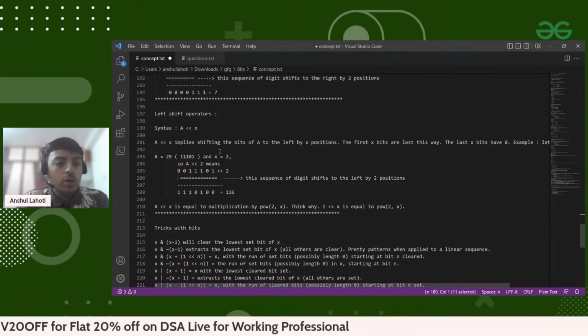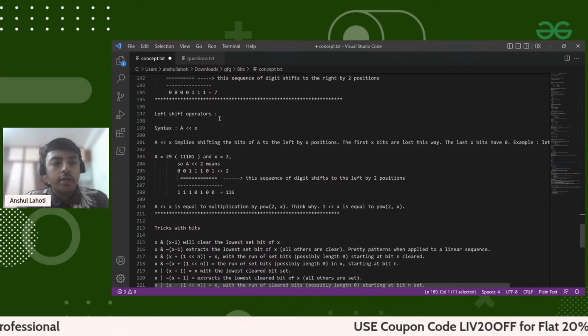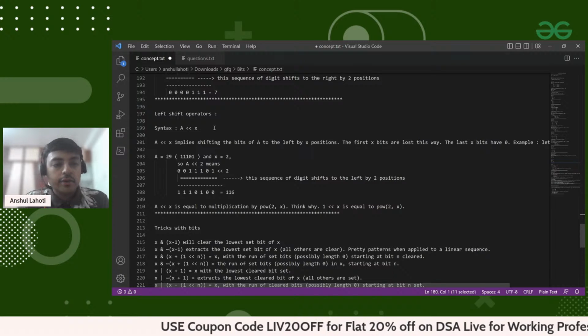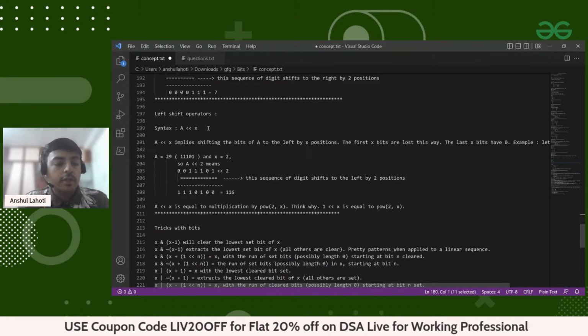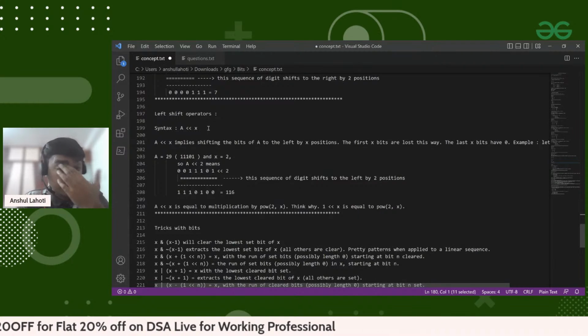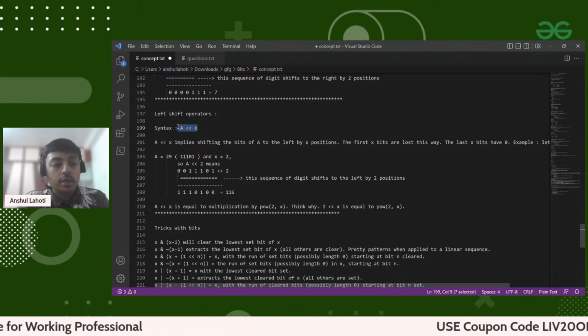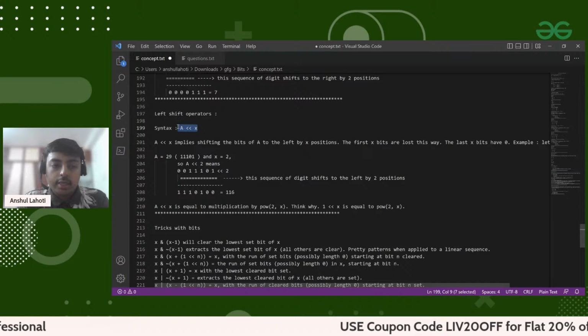Let's see what the left shift operator is. It is similar to how the right shift operator works. Just here we will shift the bits to the left. Before we were shifting the bits to the right, now we will shift the bits to the left. The syntax is a, then double less than signs.